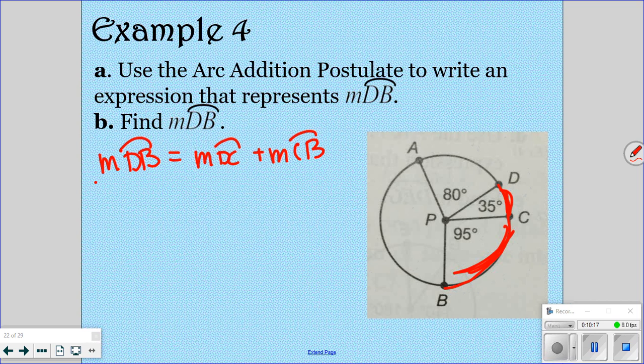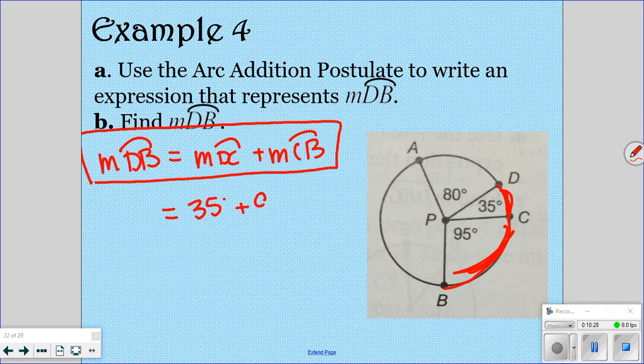So that's part A. And then to find the measure of arc DB, we're just going to plug in. This arc measures 35, and this other arc measures 95. So if you add those two together, you should get 130. And so that would be your arc measure.